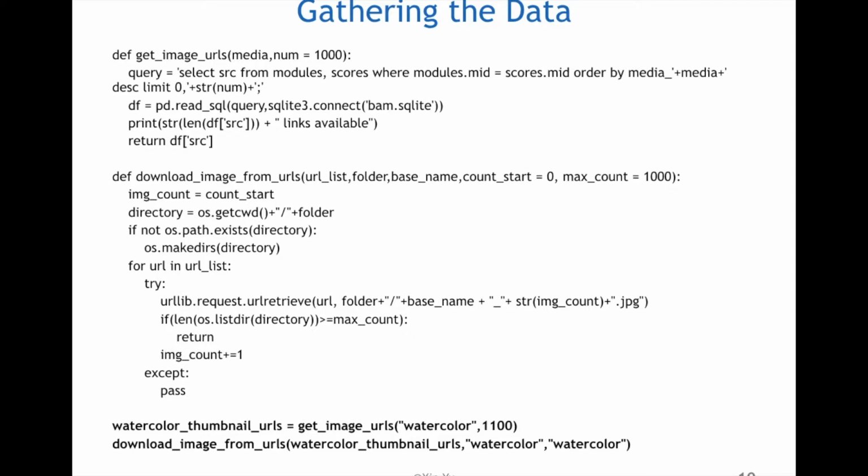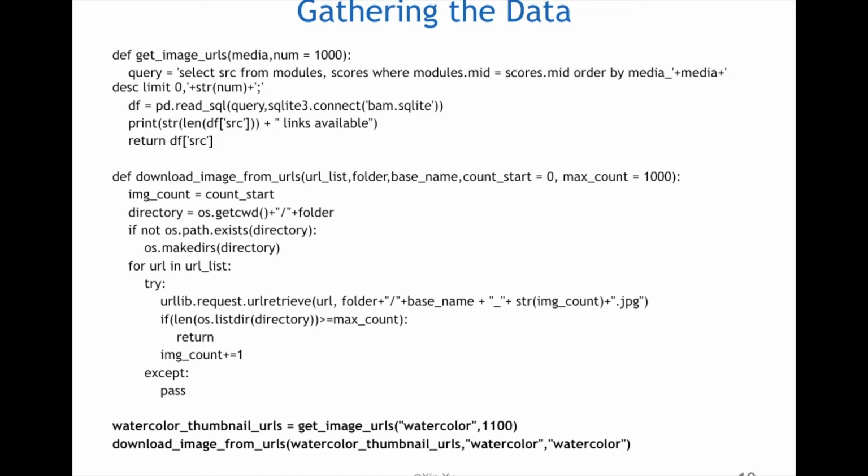I'm creating a variable called watercolor thumbnail URLs, where I query SQLite 3 to get a list of watercolor images. I'm getting 1,100 images because I'm expecting some of the links not to work, or the images are no longer there. So I'm getting a little bit extra to get about 1,000 images.